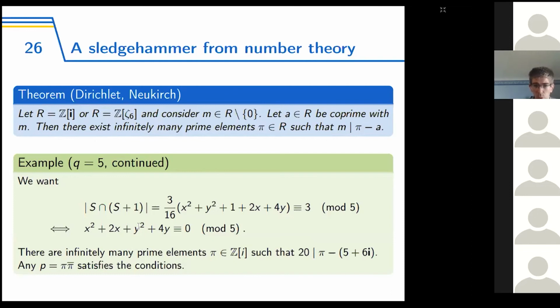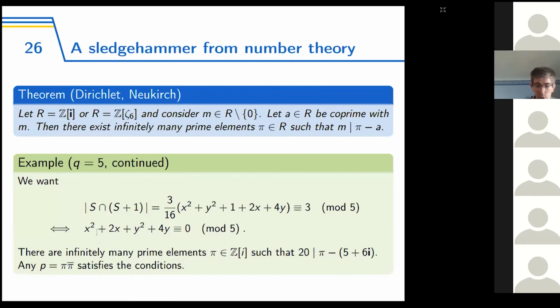Now, I also want, remember, that p is 5 mod 8. So using the Chinese remainder theorem, I will work mod 20 and not mod 5 to ensure that p is indeed 5 mod 8. So I will choose x equal to 5 mod 20 and y equal to 6 mod 20.